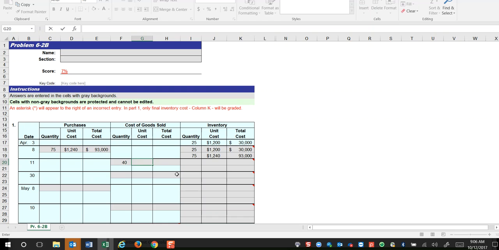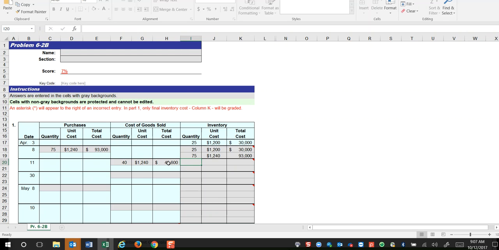Since this is last in, first out, the last ones that came in were those 75 at 1,240. So we're going to take some of those out. You just take 40 times 1,240, and that would enter in the next cell, which is right here, 49,600.